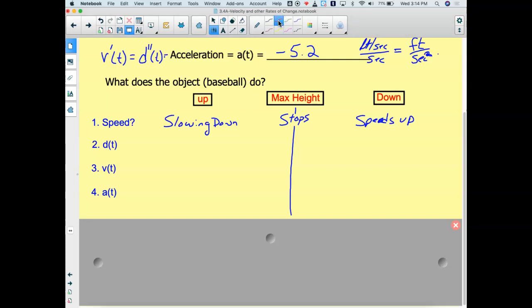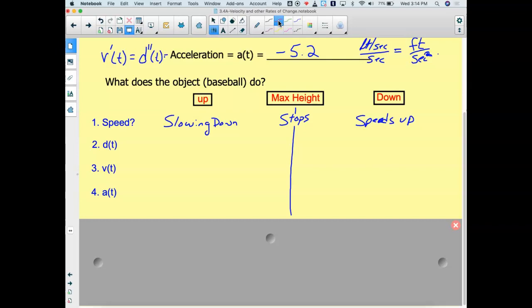So what's actually happening to my position function? My position, d of t, on the way up is increasing.